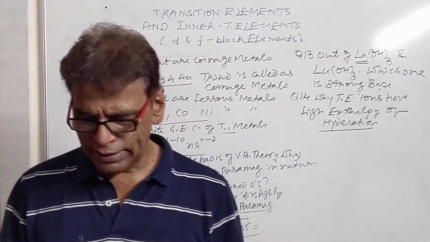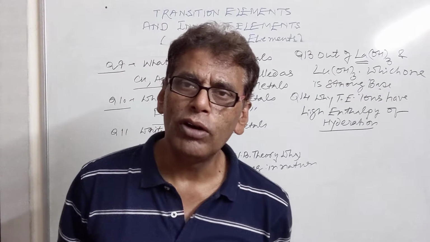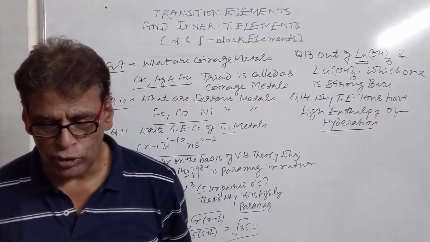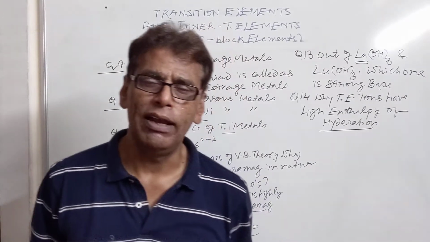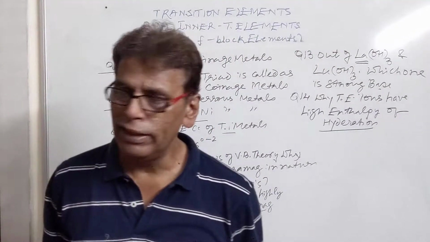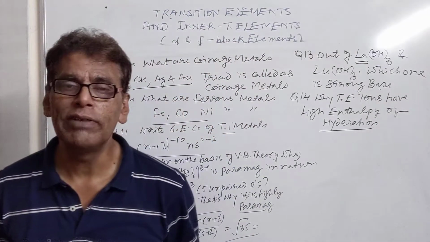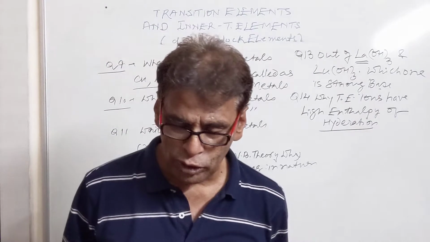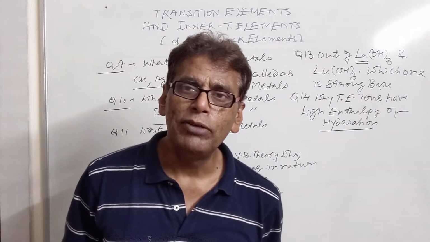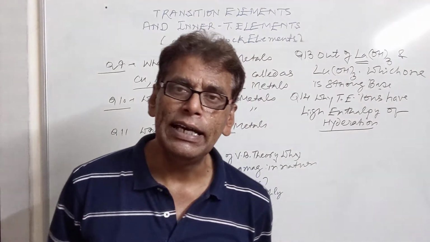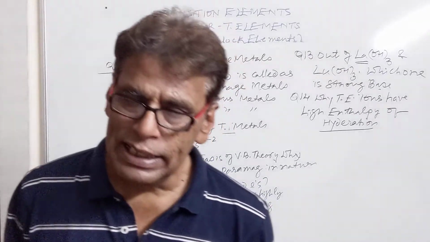Then why is scandium colorless, while Mn2+ is colored and Co2+ is also colored? The reason is that Sc3+ has no electron in the d subshell to be excited by absorbing some wavelength from the incident light. On the other hand, Mn2+ has 5 unpaired electrons, and cobalt 2+ also has unpaired electrons in the d subshell. So when visible light falls on these ions, they absorb some part of the incident light and show a d-d transition.